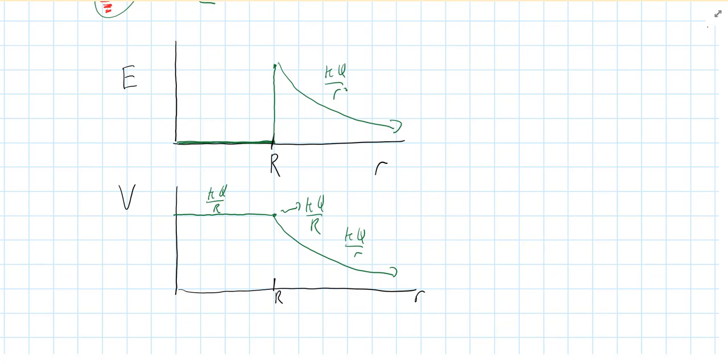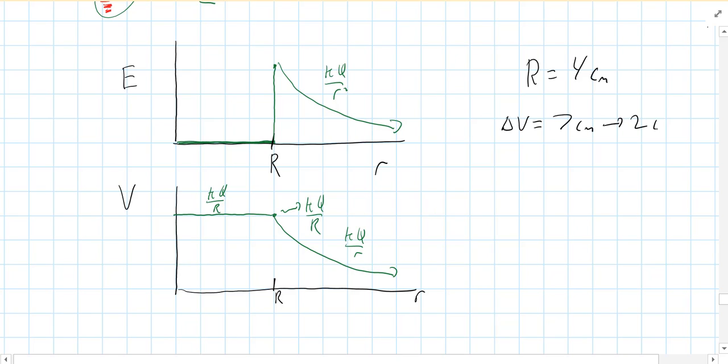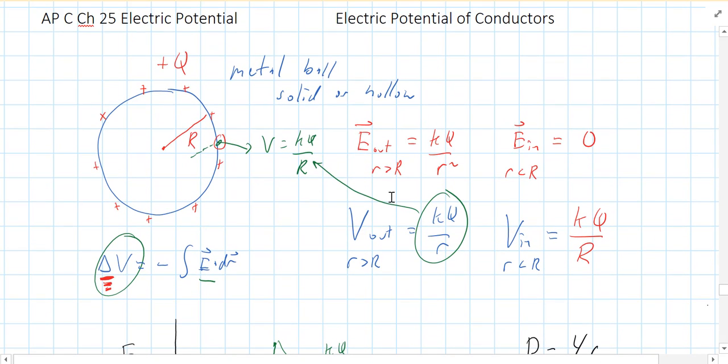Now be careful on a problem like this. For instance, let's just say I told you the radius of the ball was 4 centimeters. And I ask you, what's the change in voltage between the 7 centimeter mark to the 2 centimeter mark? Well, you can't just use this equation and do KQ over 7 minus KQ over 2.